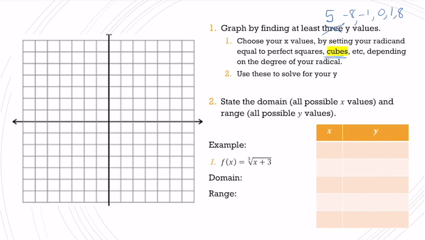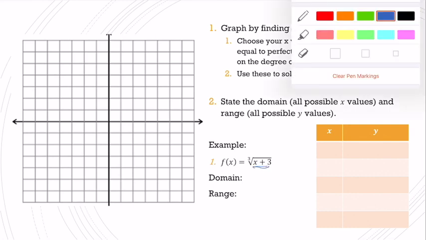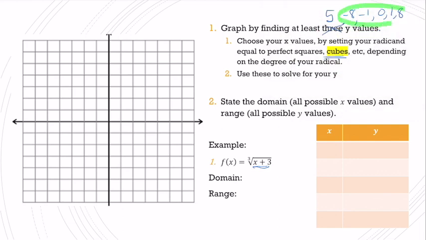Okay? So here I have the cube root of x plus 3. So I need to set x plus 3 equal to these 5 values right here, in order to solve.